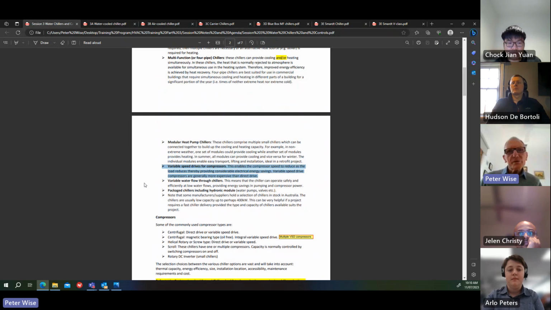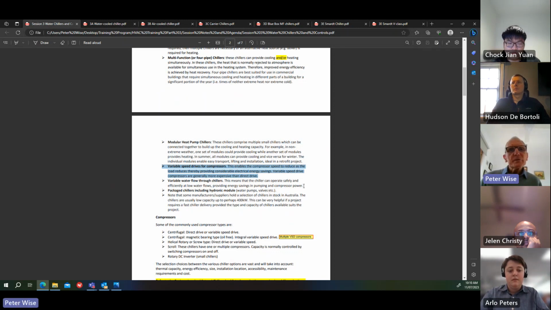Variable speed drive compressors are generally more expensive than direct drive. Well, they are in 99% of cases. If you're using magnetic bearing chillers, which we'll talk a bit more about shortly, they come with a variable speed drive built into the compressor. So you don't have an option there. You get that.